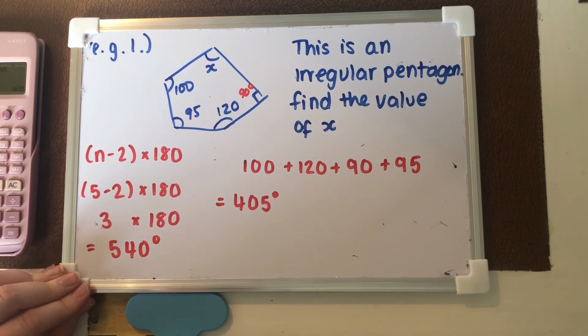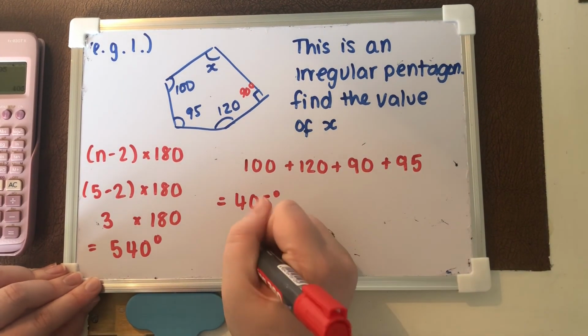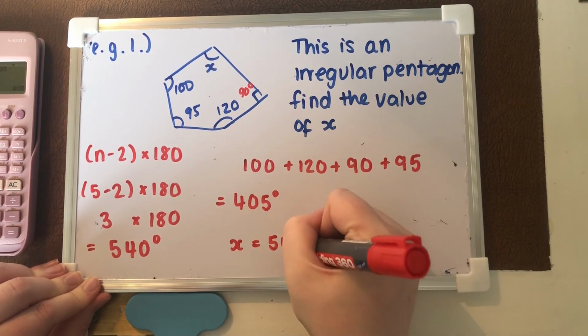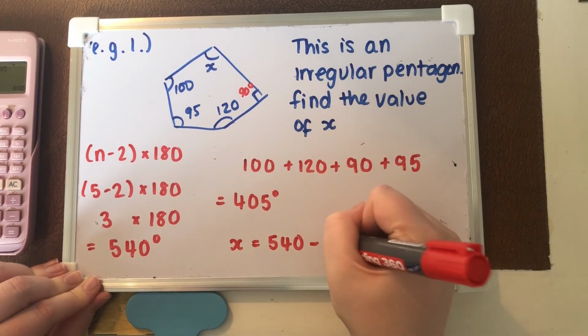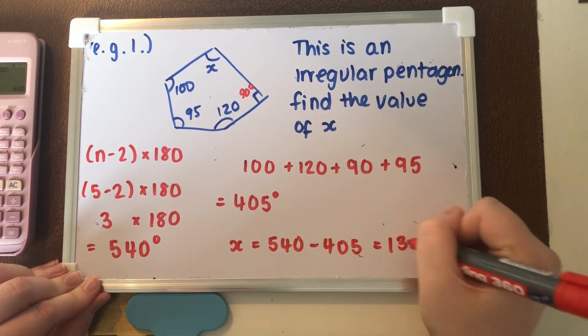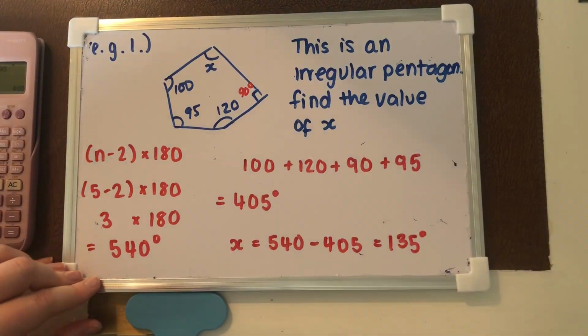So that's all those ones. Obviously we just want to find out what x is, so to do that we just do 540, subtract the answer that we've just done, which is 135 degrees.